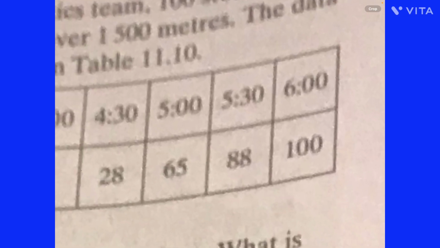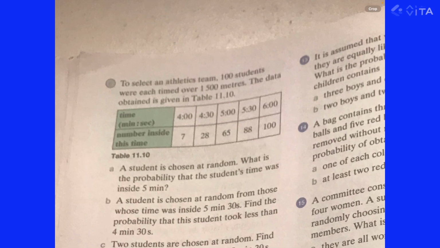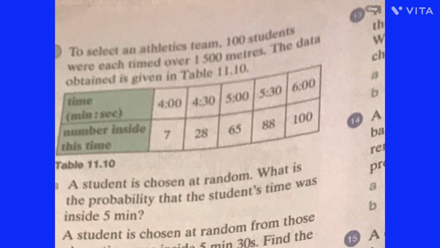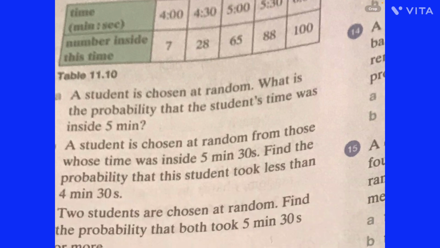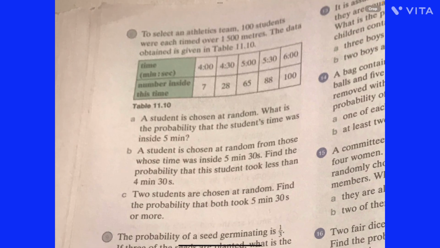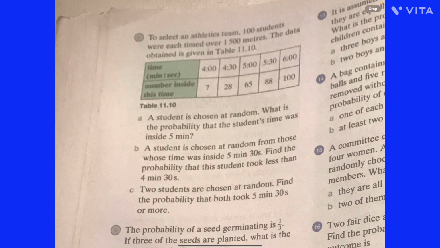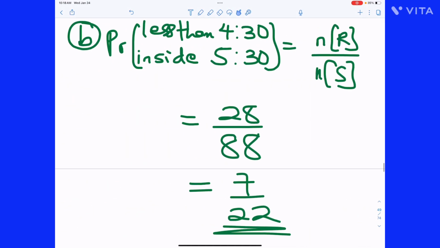Can you see that? 88 students finished inside 5 minutes 30 seconds. So our total number of possible outcomes in this case is now 88. But of those 88, we should find the probability that the student chosen took less than 4 minutes 30 seconds. So that will be 28 over 88, which is 7 over 22.